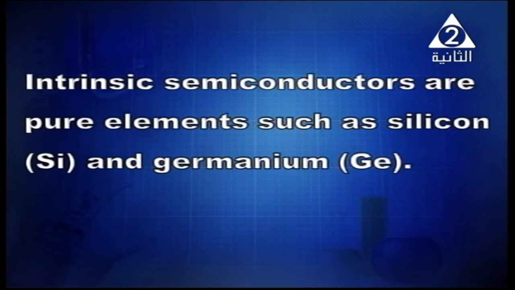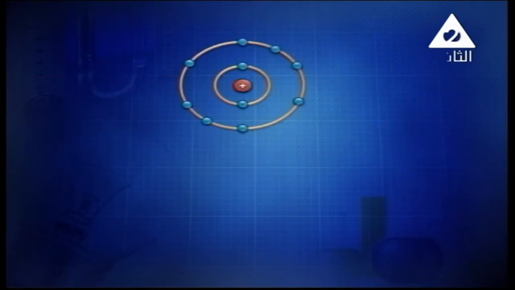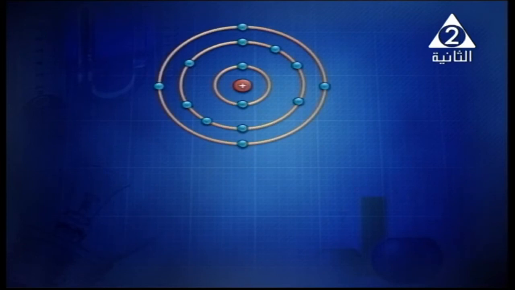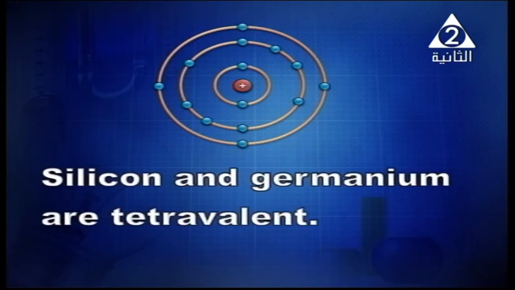They are tetravalent. What does it mean? They've got 4 electrons in the outermost energy level. Silicon and germanium are tetravalent.